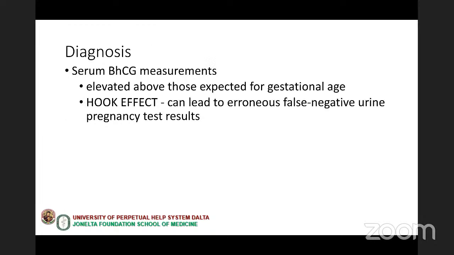Okay. Diagnosis would center on serum beta HCG. So this is expected. HCG is elevated above gestational age. So this is the hook effect. It can lead to erroneous false negative urine pregnancy test results. And what can you do to make it positive?